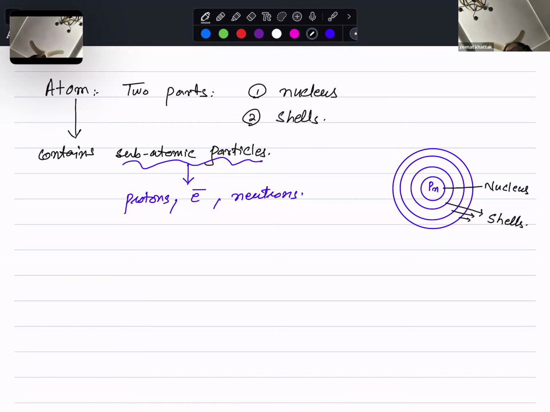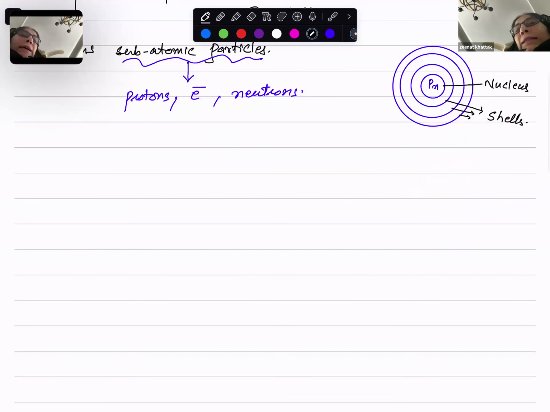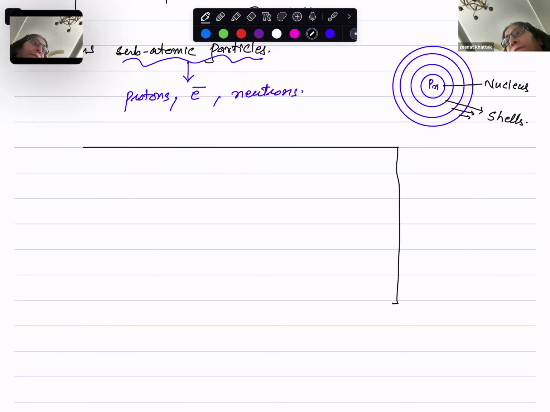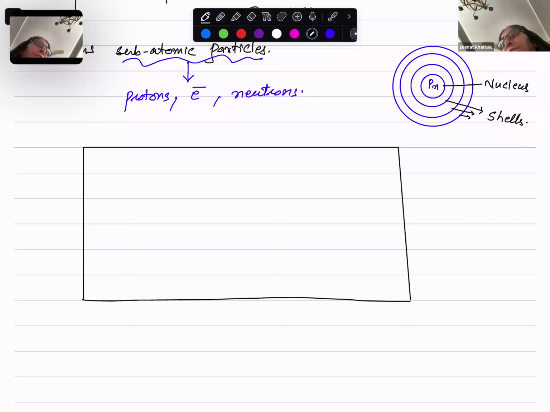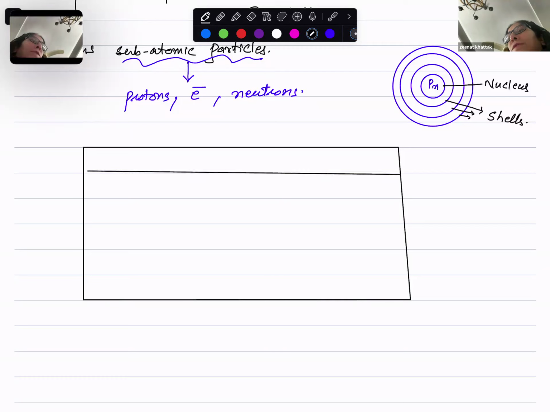Now, first thing. The electron, proton, and the neutron: their relative charges and their relative mass.